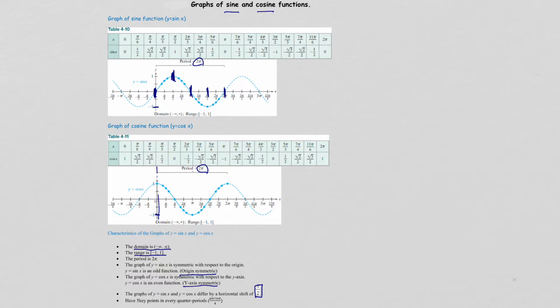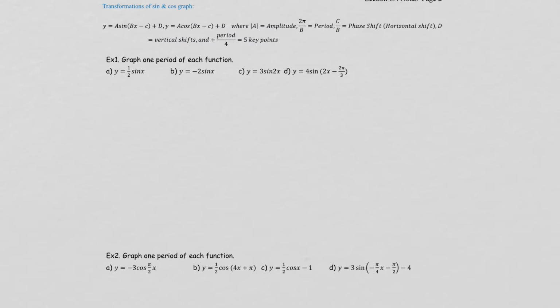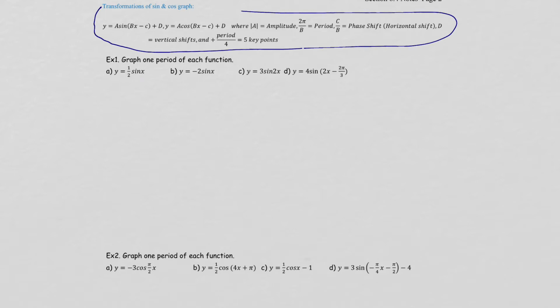That's going to be your 5 points. For sine, this is going to be cosine. Same value, right? It's going to be period over 4. So with that information of sine, cosine graph, this is the most important thing you need to remember in order for you to graph sine, cosine.